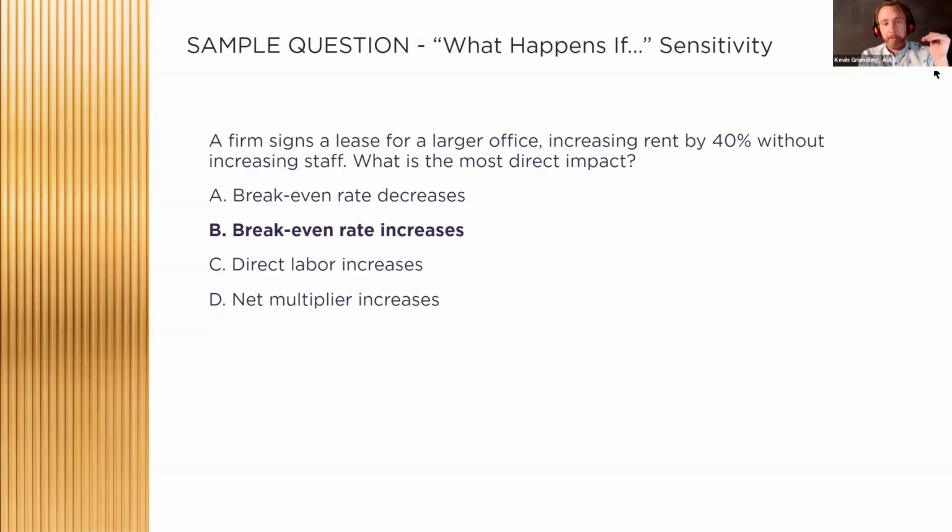This is one that trips up some people, because it says what is the most direct impact. Your break-even rate's going to increase first. Your net multiplier might increase and theoretically should increase if you still want to make the same profit target, but it is not necessarily going to increase, and it is not a direct impact. The only one that absolutely happens is your break-even rate will increase here.